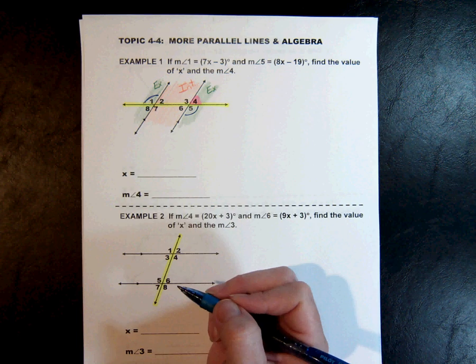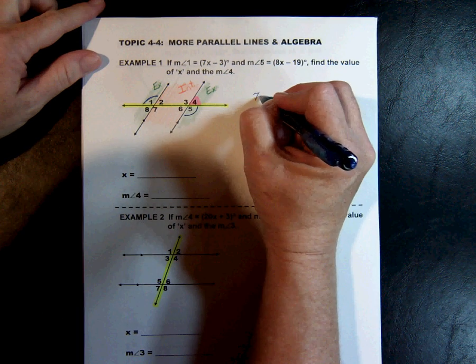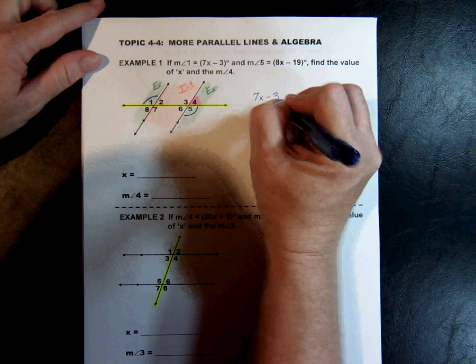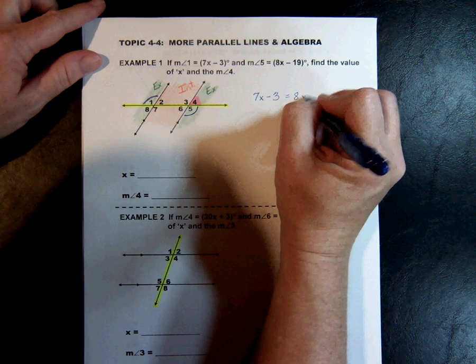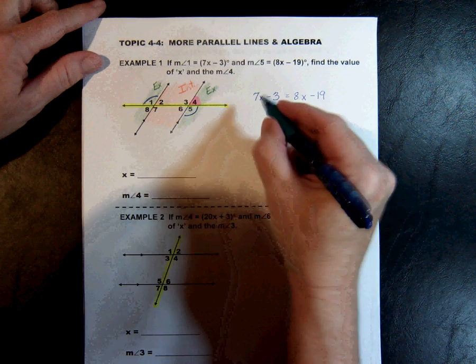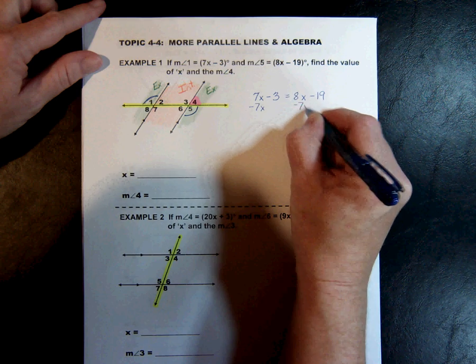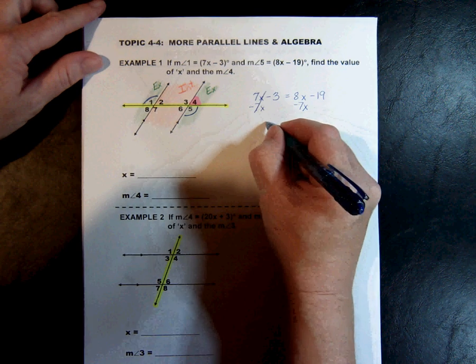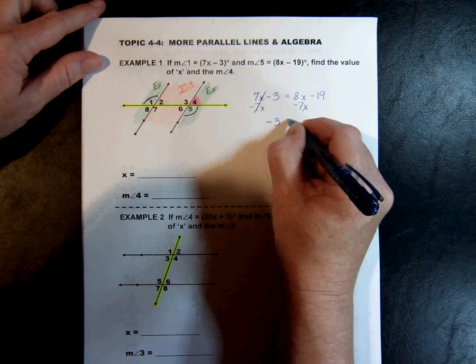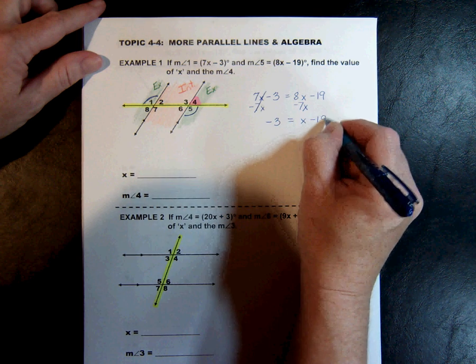So first let's solve for x. You've got 7x minus 3 is equal to 8x minus 19. Subtract a 7x on both sides. The 7x's go away. You're left with negative 3 is equal to x minus 19.